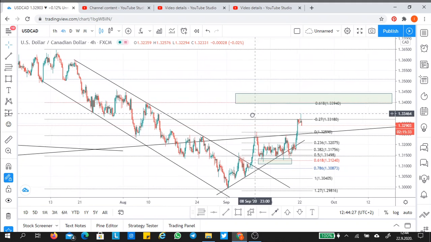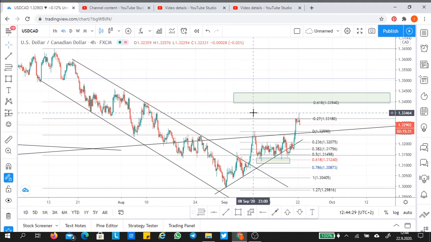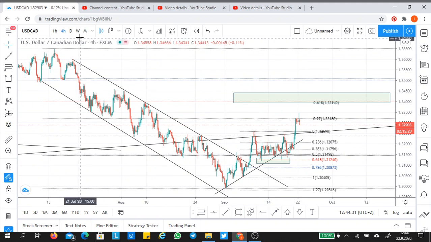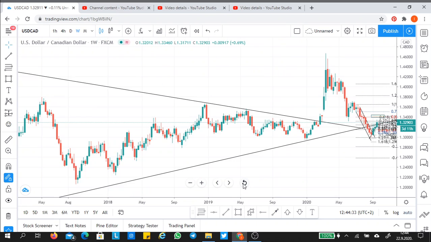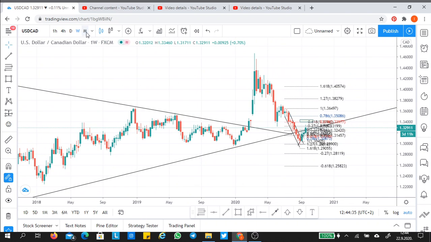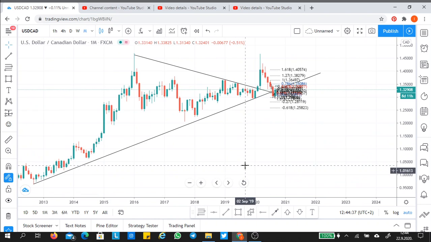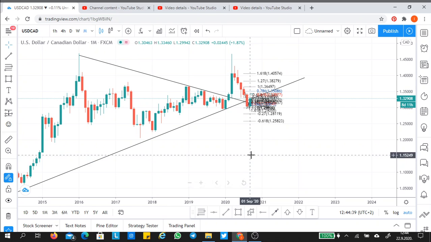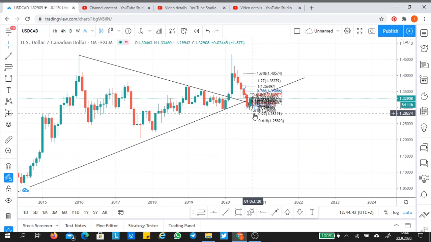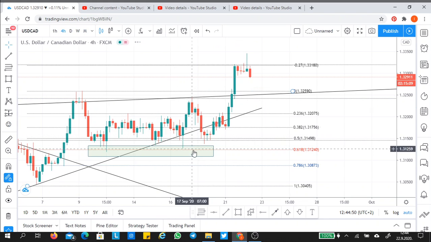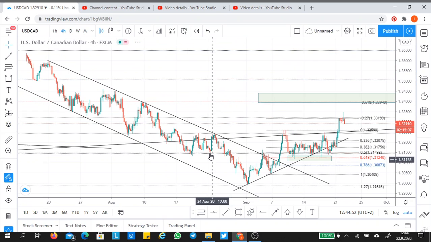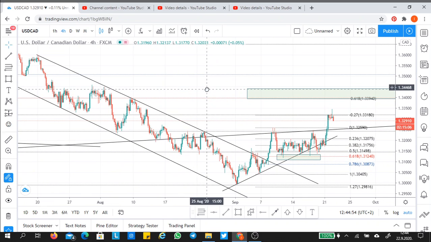I still cannot say that the overall trend changed. So if we check the weekly or the monthly, really based on this one candle, I cannot say that this trend changed. So for me, on the grand scale picture, the main trend is bearish.